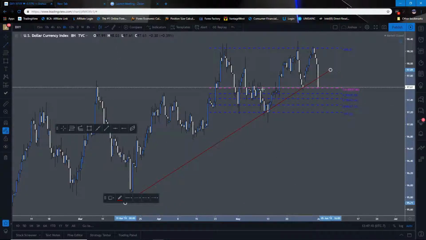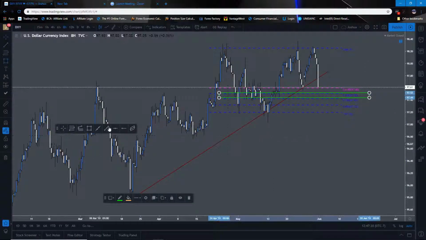We have some resistance here in this area. So I'm anticipating the US dollar to do something like this, and then continue down to at least this area here.